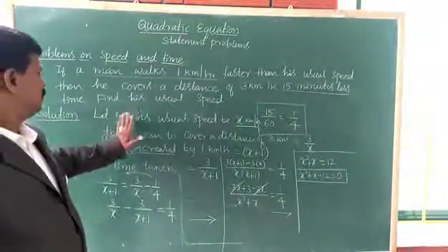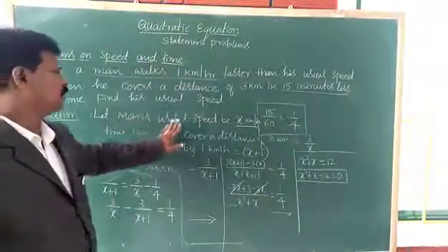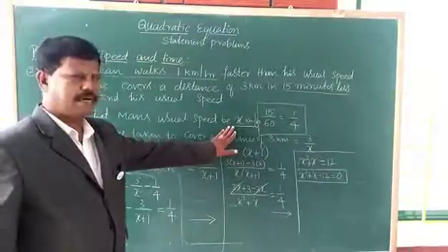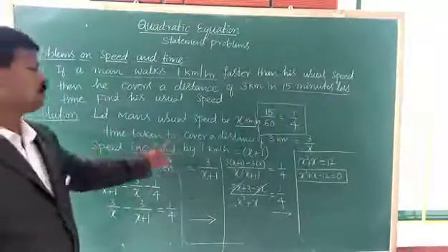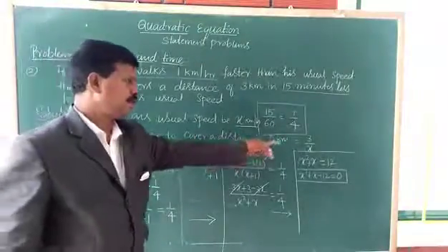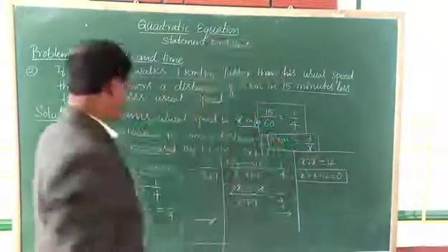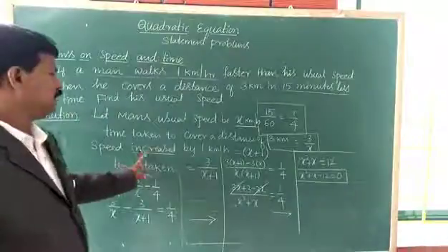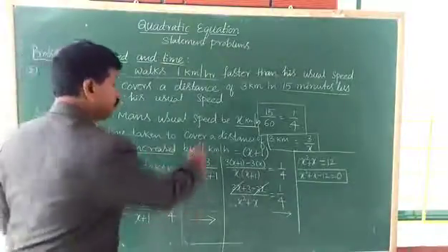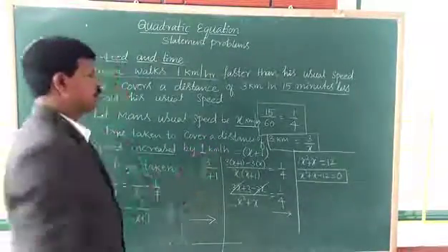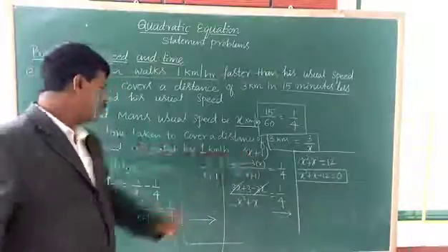Clear? Let the man's usual speed be x kilometer per hour. Time taken to cover a distance of 3 kilometer is 3 by x hours. Then speed increased by 1 kilometer per hour means x plus 1.